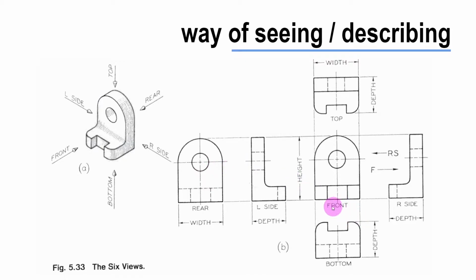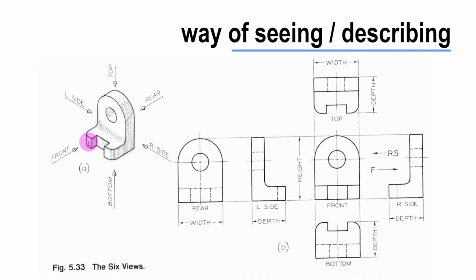So if I'm looking at the front of the object, looking at it head on from the front, projecting it onto that 2D plane, I can understand width and I can understand height. But what the front view is missing is depth.